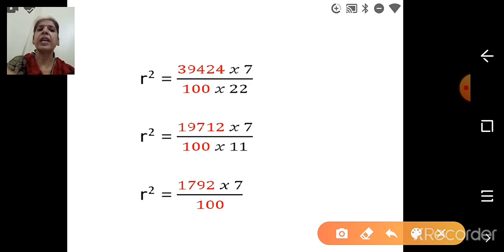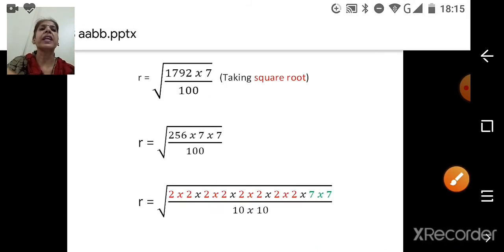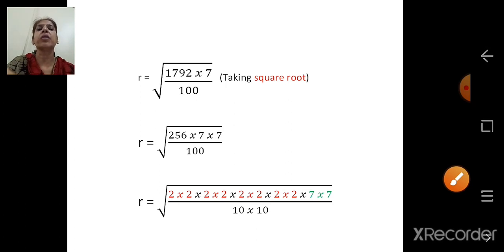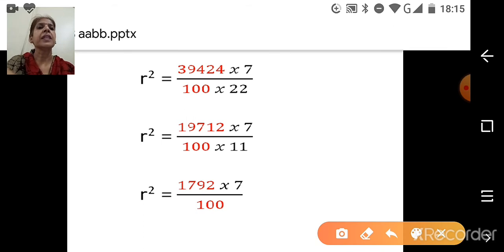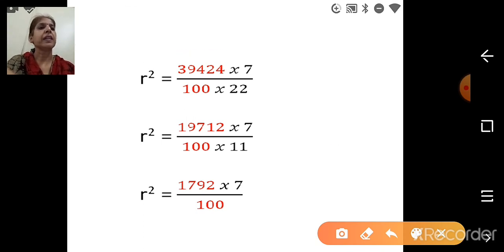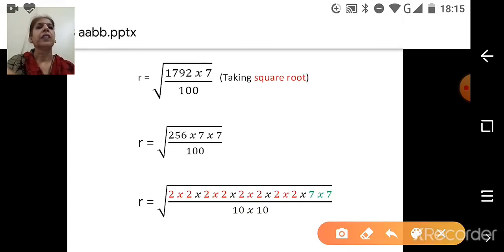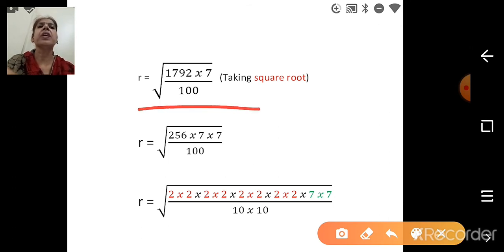So r square is 1792 into 7 upon 100, and now we have to find r, that is, taking the square root of 1792 into 7 upon 100. The method is the same. When we have to find the square root, we will find factors, by the factorization method. So start finding the factors now.